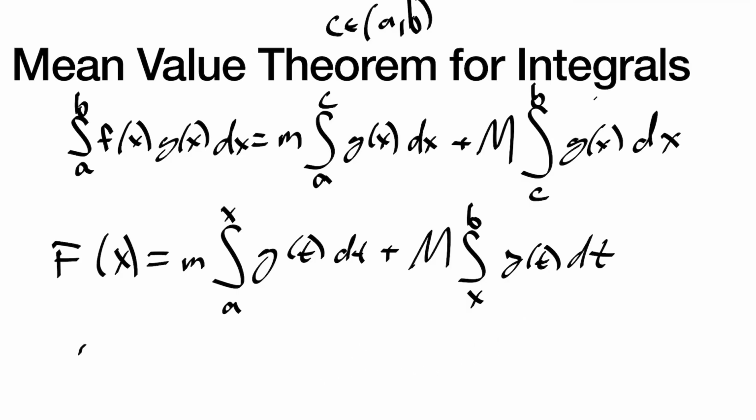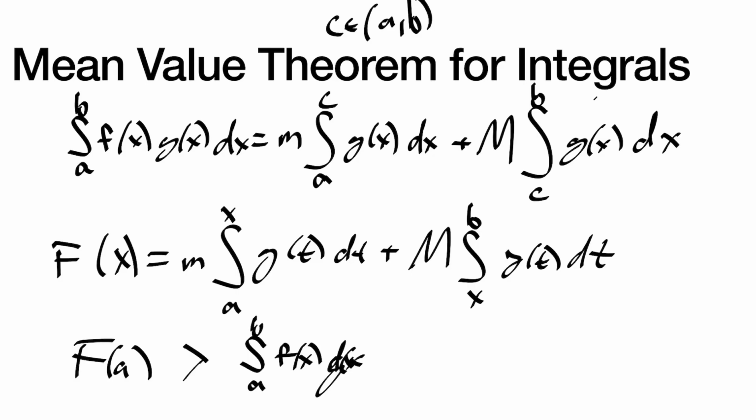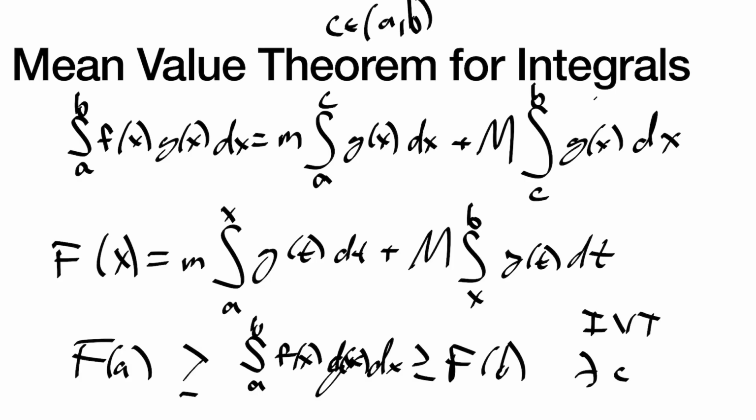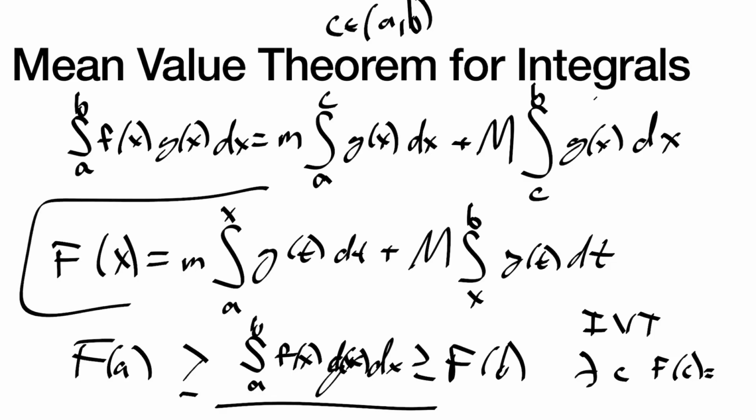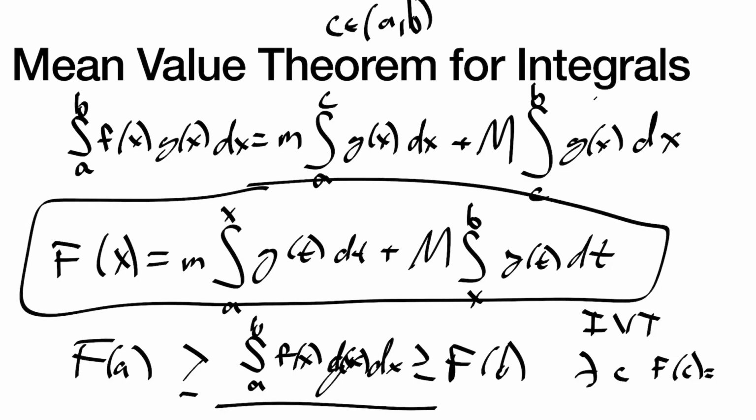Okay, putting those two together, I know from the previous theorem that F is a continuous function, and I know that capital F of a is greater than the integral from a to b of f of x g of x dx, which is greater than capital F of b, and so the intermediate value theorem tells me there must exist a c such that F of c equals that integral right there.